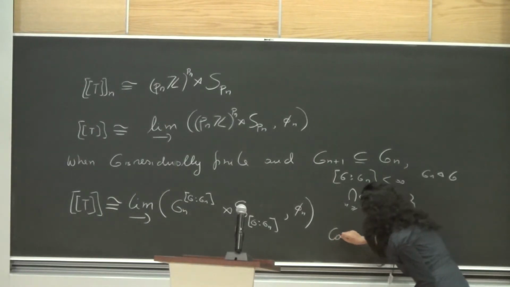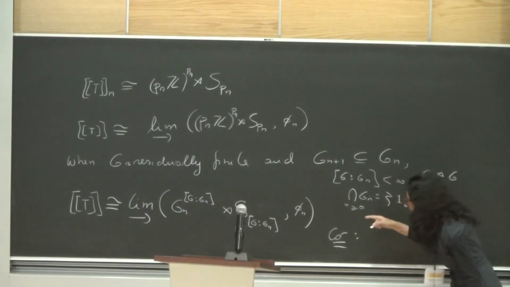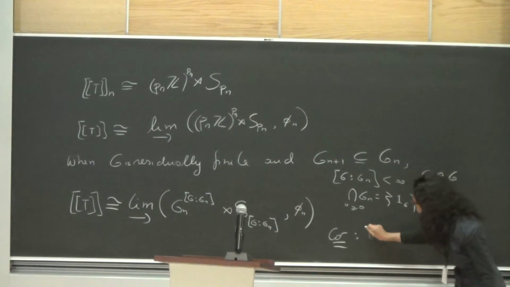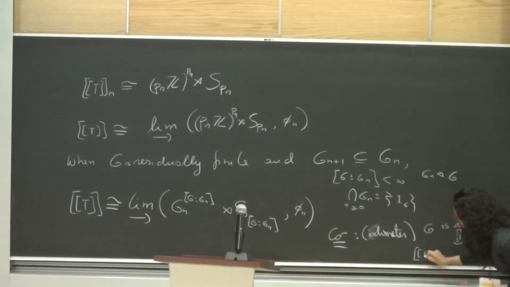So we get that if G is amenable, this is just true for the odometer. In the odometer case, G is amenable if and only if the topological full group is amenable.